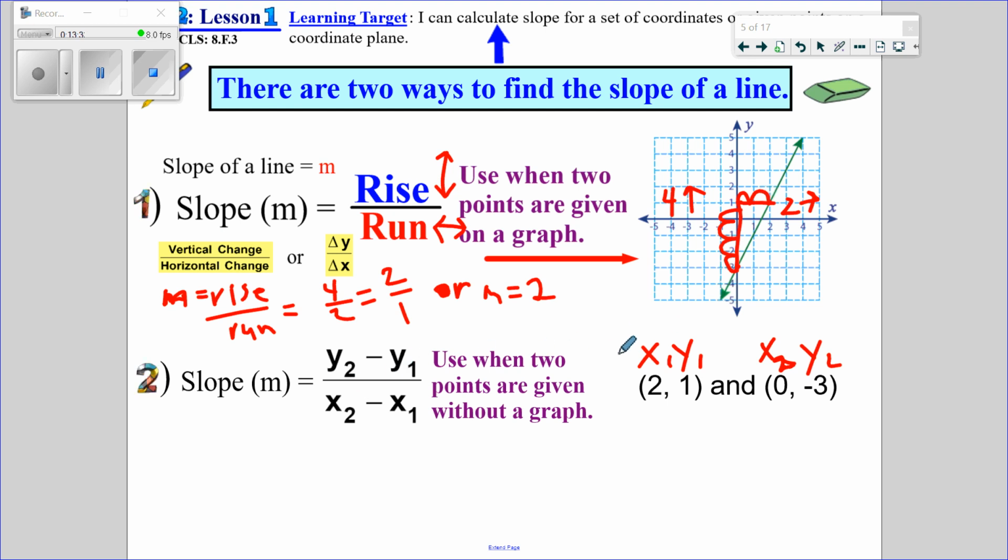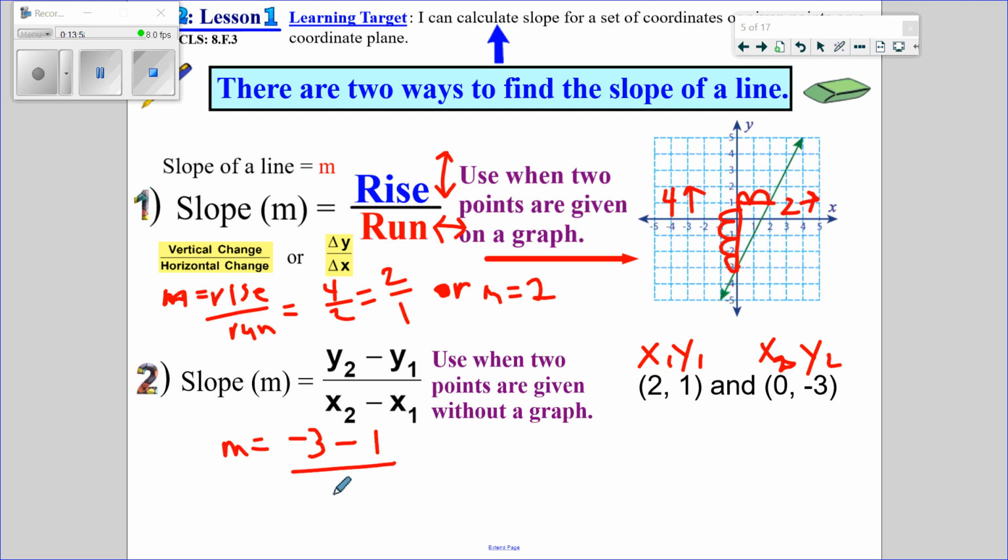This is my first set of xy, second set of xy. So now we're going to put it in the formula. These were the coordinates of the points on the graph. y2 is -3. Minus is part of the formula. And my y1 is 1.